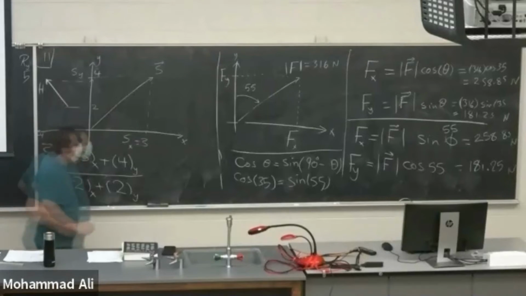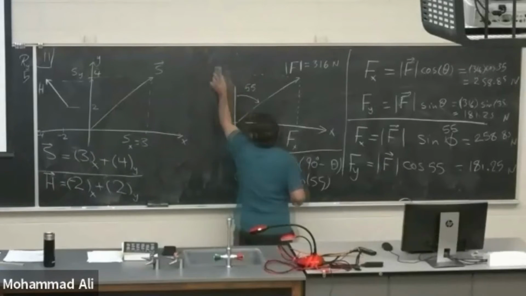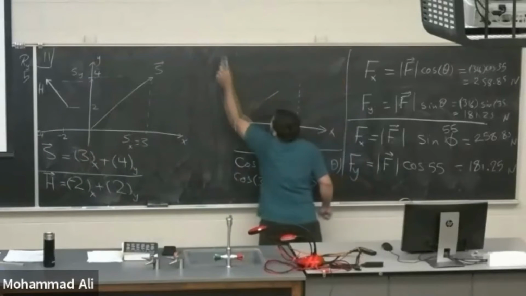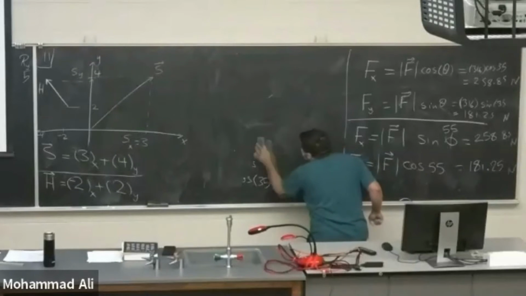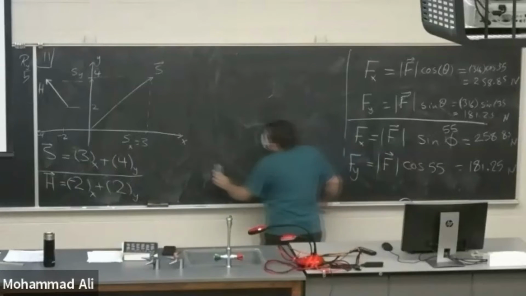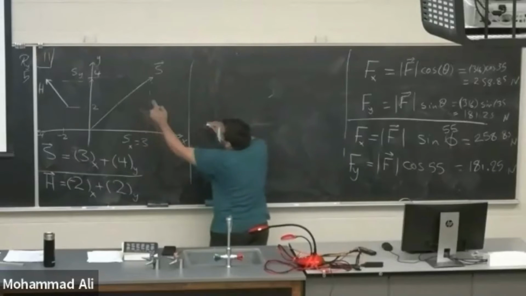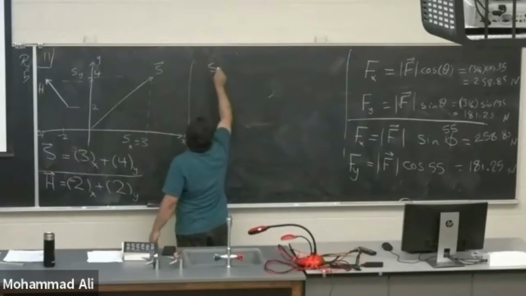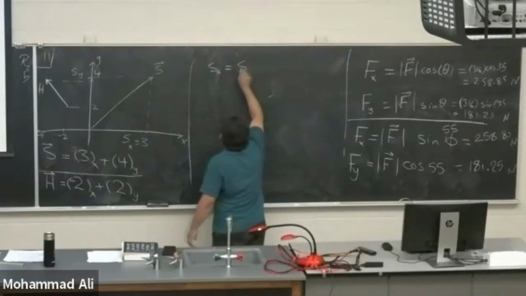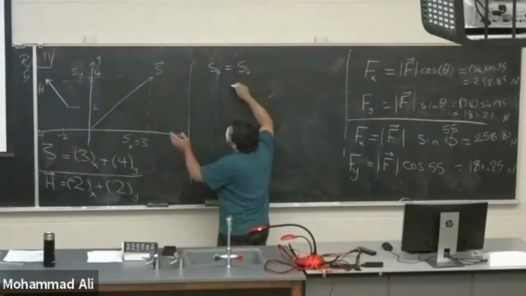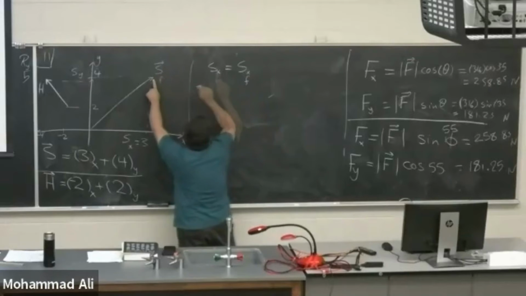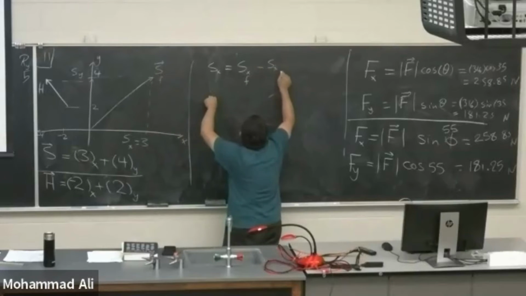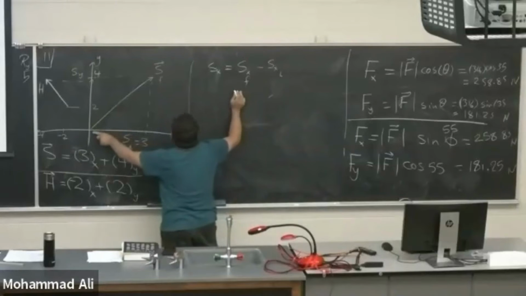Is there another way to find them? It is solved in detail in the sheets. But for example, Sx is equal to Sx finally, which is this point, minus Sx initially, which is this point.